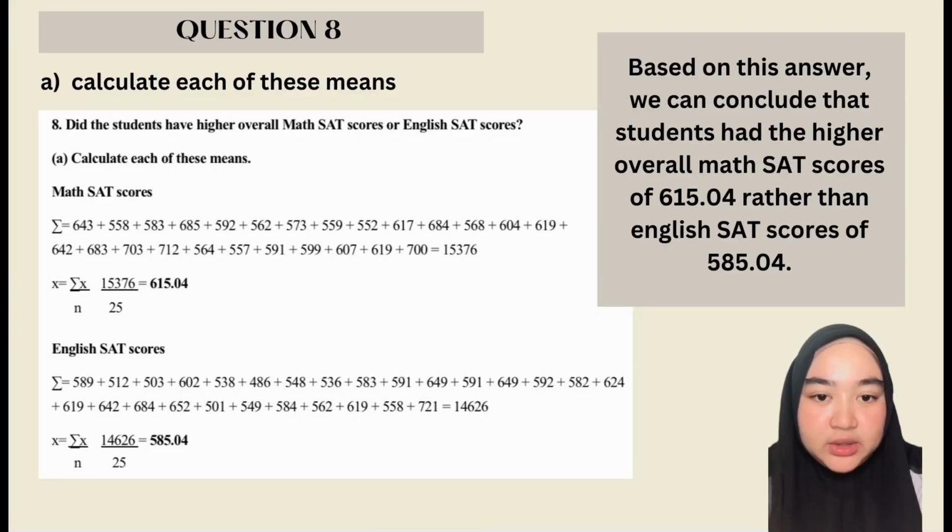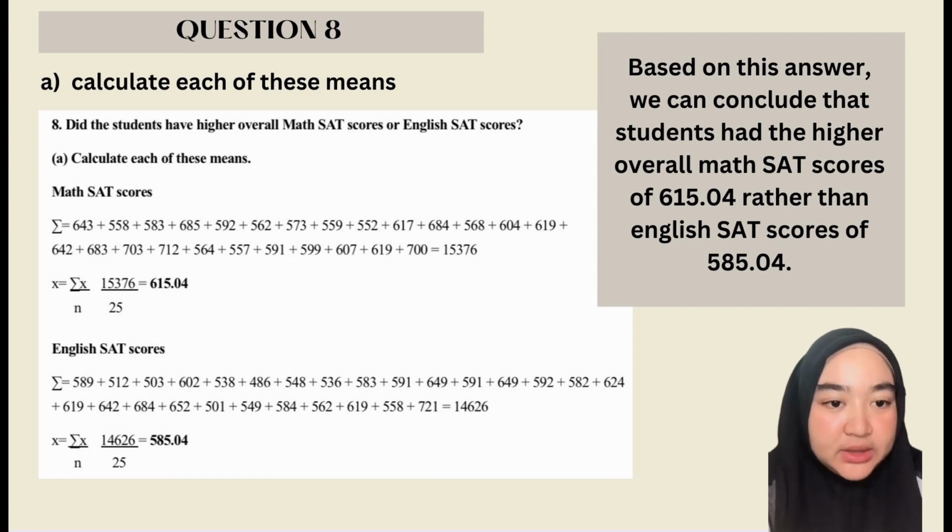For question 8, did the student have a higher overall math SAT score or English SAT score? For part A, calculate the mean. For the math SAT score, you must total all the numbers and you get 615.04, and for the English SAT score you must total all and you get 585.04.